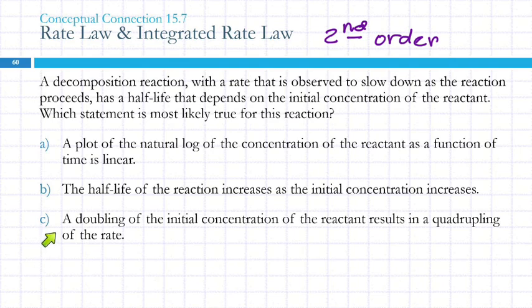A doubling of the initial concentration results in a quadrupling of the rate. Is that second order? That's second order. So then, knowing that this is wrong, we could go back and think about that a little bit and say, no, that's not how it works. So you could see a question like this on an exam. This requires you to understand some things, right?